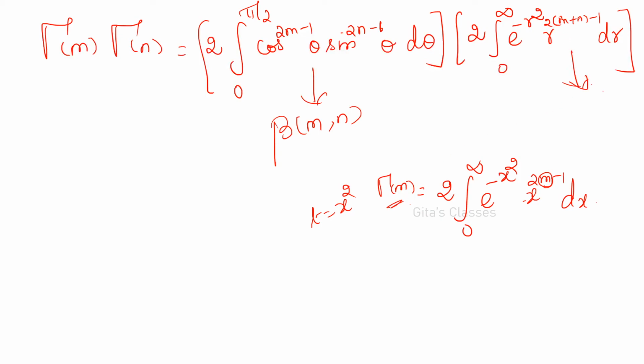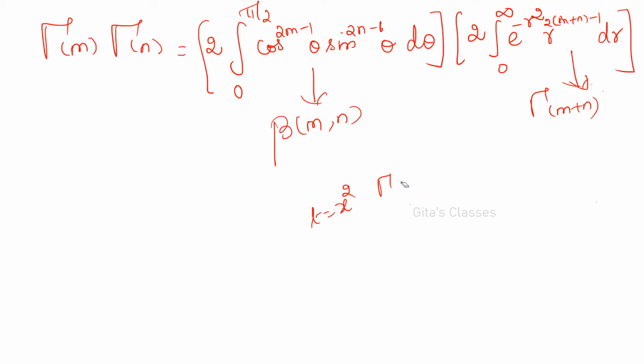Here we have 2 into m plus n minus 1, so how can you write this? Gamma of m plus n. In the place of x, we have r here. So gamma of m plus n.